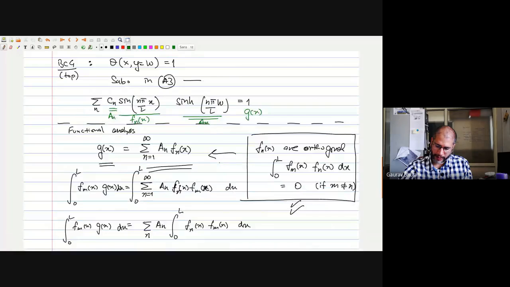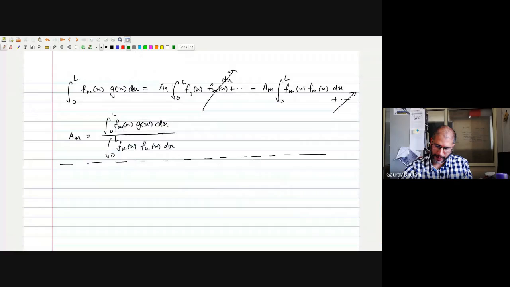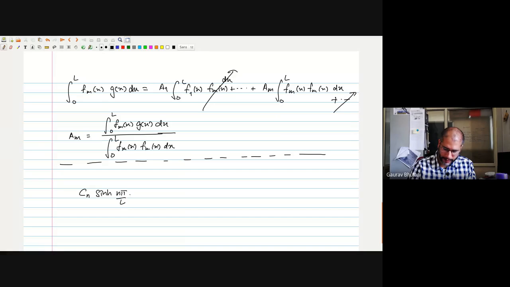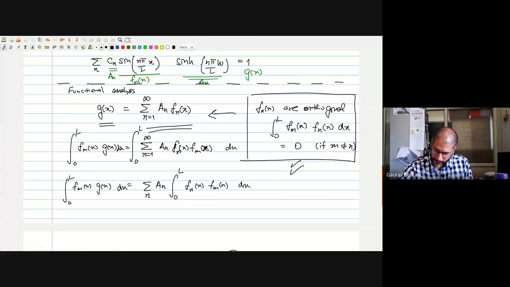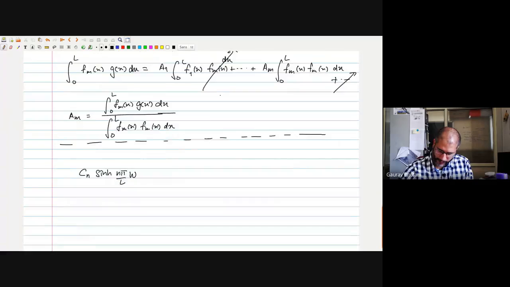Using the same idea, I can find C_n times sinh(n pi/L times w), which replaces my a, and this is equal to the ratio.